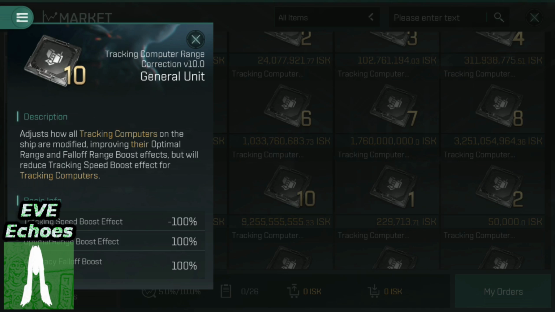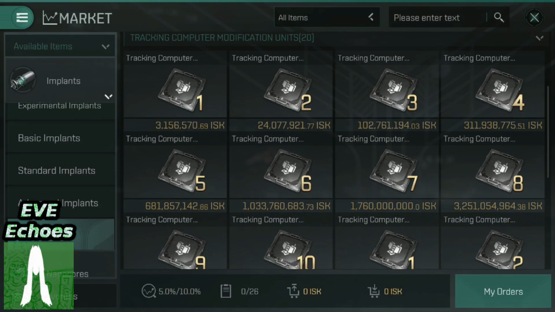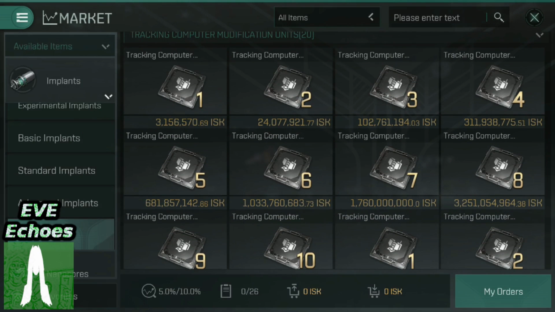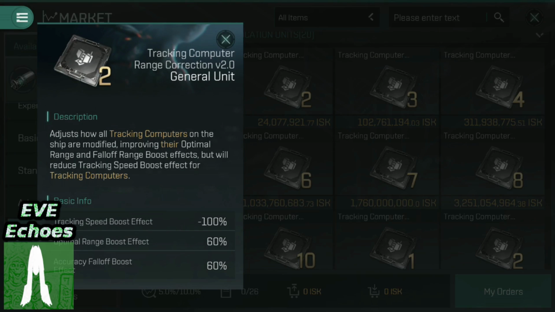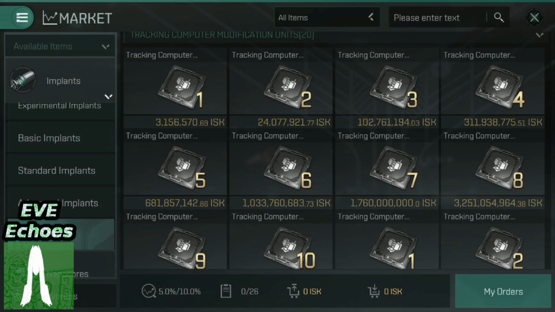For example, you'll note that the tracking computer range correction version 2.0 from earlier provided a 60% bonus with an estimated market value of 31 million ISK. So let's bring that up. That was the range correction, and it turns out my script is a little bit out of date because it is now 24 million ISK.